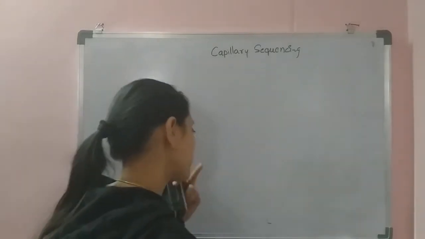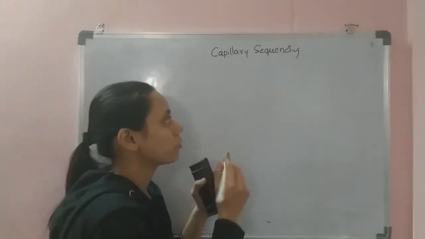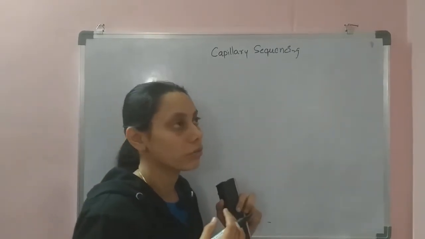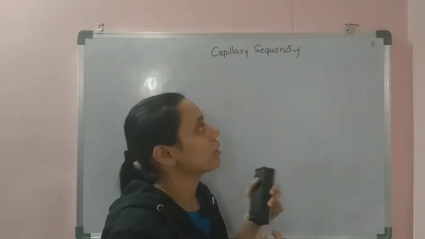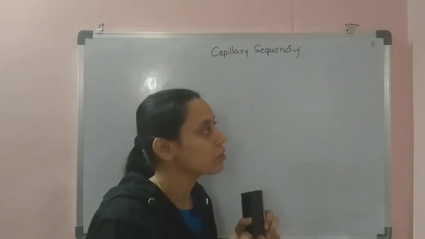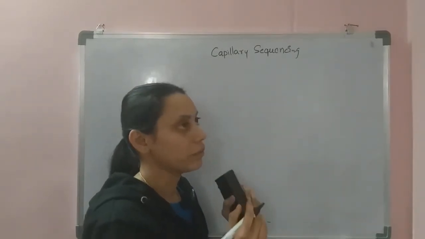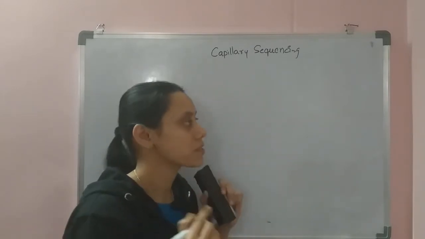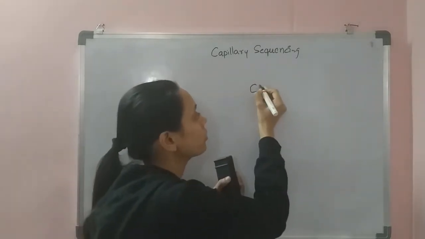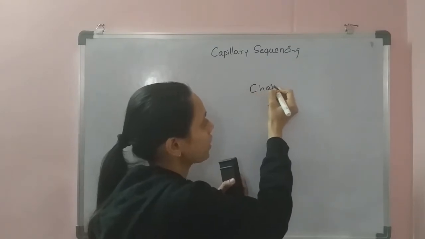Coming to the detailed process, first we need to know the difference between Sanger's method and capillary DNA sequencing. As we already discussed, the principle is the same. That means here also we are going to use chain terminators.